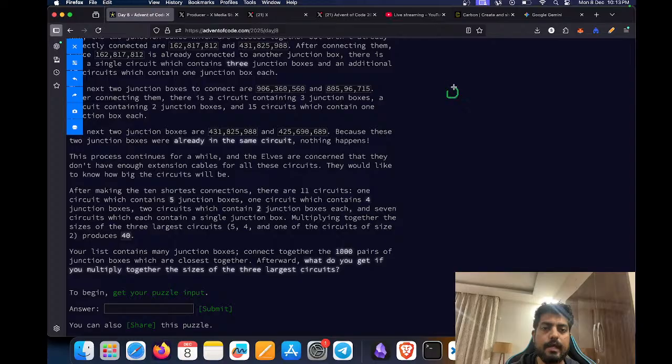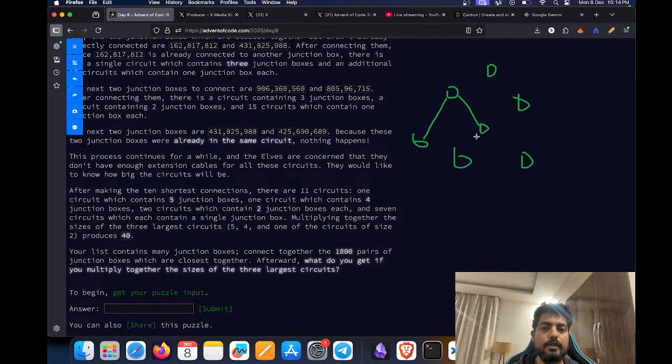So we have these boxes, and these are in 3D space, not in 2D space. But the way the distance is calculated is almost similar. In the first iteration, we connect the ones which have the shortest distance between them. In the second iteration, we again connect something which has the shortest distance.